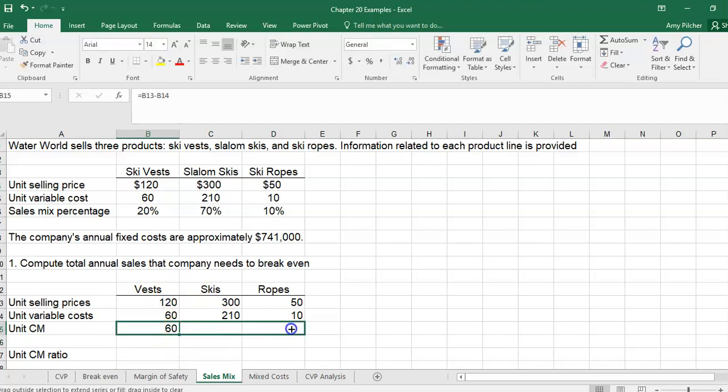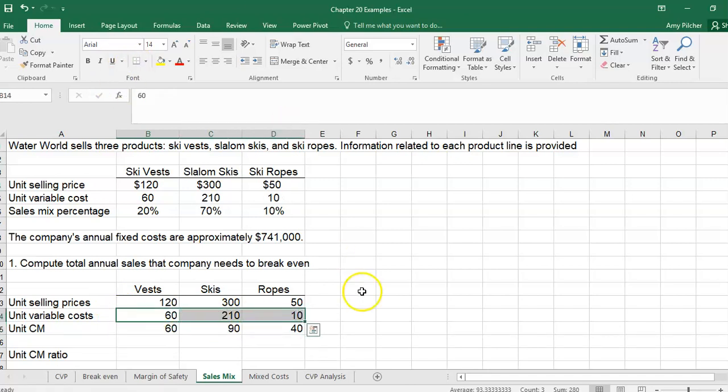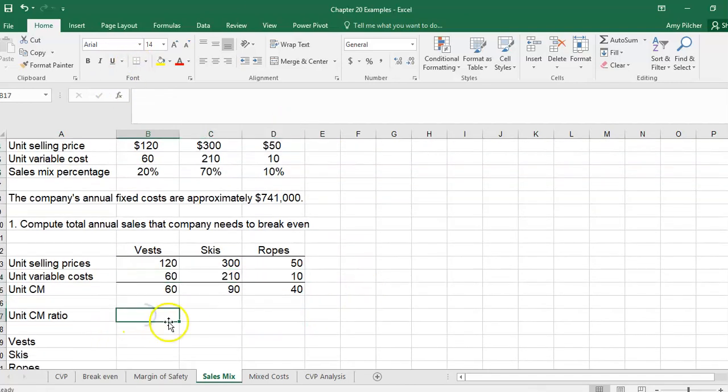So we're given our unit contribution margin for all three products. Then we need to determine the contribution margin ratio for each product. Contribution margin ratio is contribution margin divided by the selling price. So our contribution margin that we just calculated divided by the selling price.